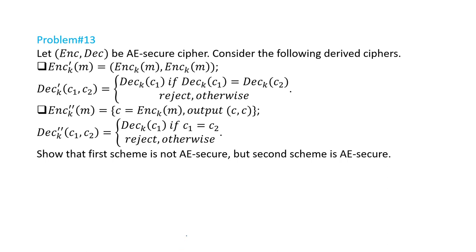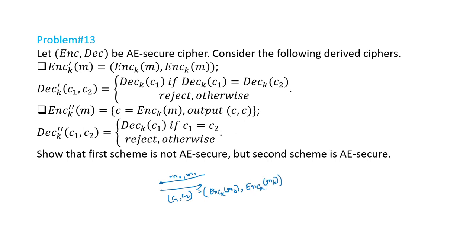Analogous to the previous example, for the first scheme, the adversary can query the challenger with two messages M0, M1, and in return it sees C1, C2, where C1 is some encryption of MB, C2 is also some encryption of MB.